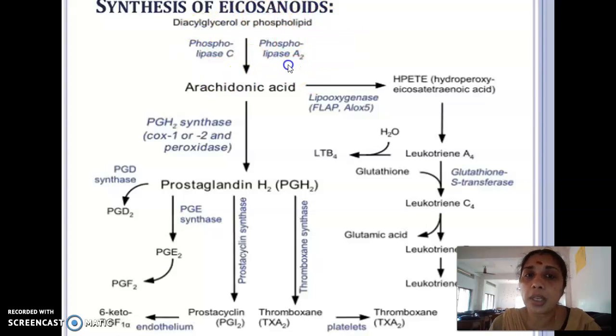These two enzymes decide whether the pathway has to be continued. If the pathway is continued, what happens? Arachidonic acid will then be acted upon by the multi-enzyme complex PGH synthase.